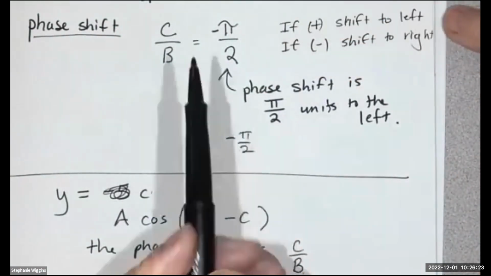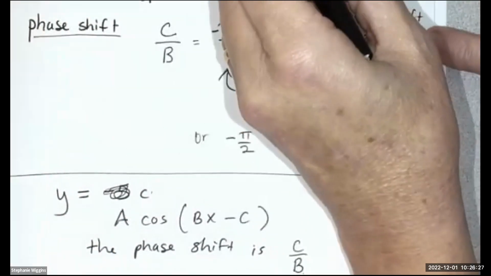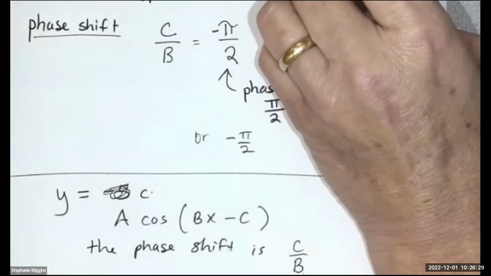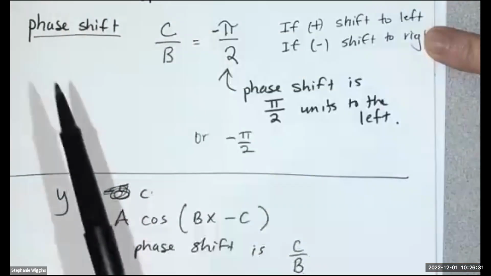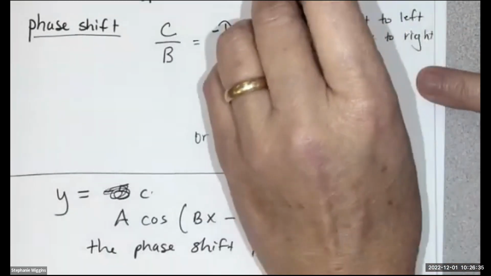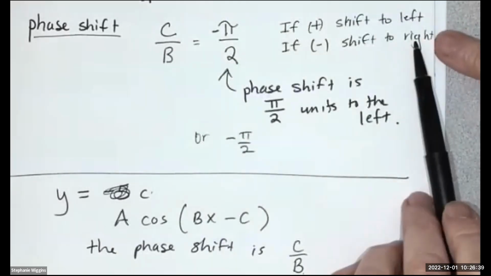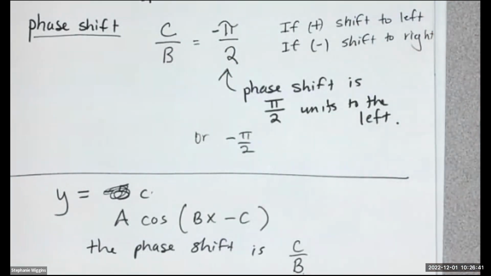So if you're looking at the whole constant, I called this whole thing, and I included the sign, I called that C. I know I said, well, if it's positive, you shift to the left. If this is a positive, you shift to the left. If this is a negative, you shift to the right, just like your transformation function from algebra. But if you're saying, what is the phase shift?